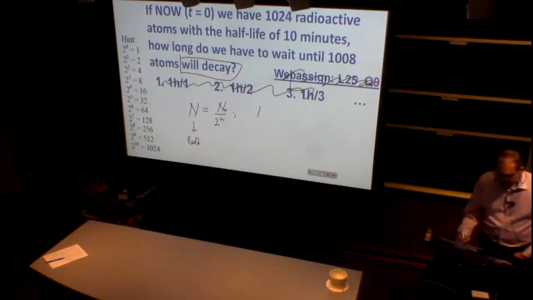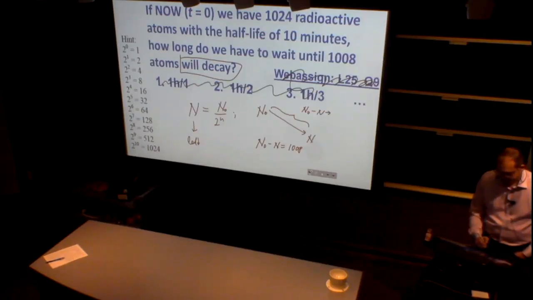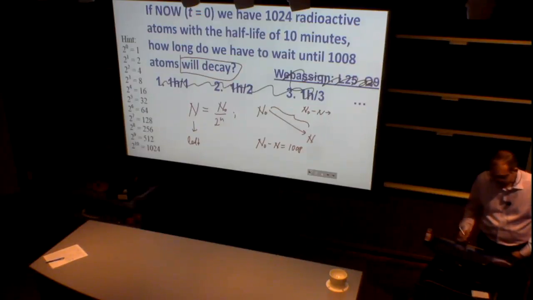So if we start from this and we go down to this, how do we calculate how many decayed? The difference says how many disappeared. And that's what it is here. How many decays? This many. But now, of course, everything is clear.